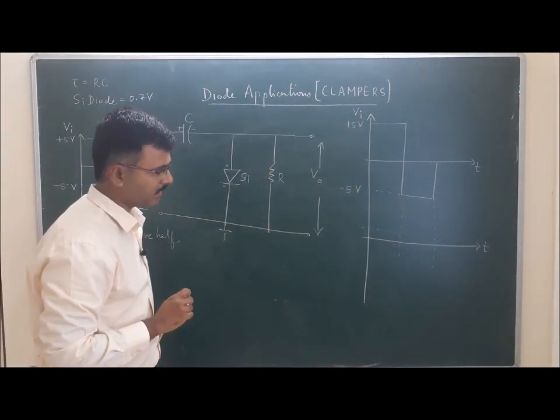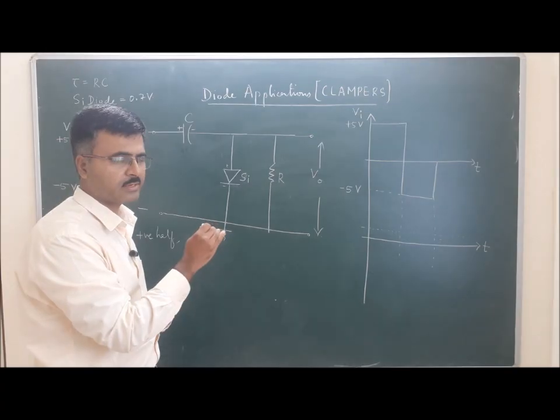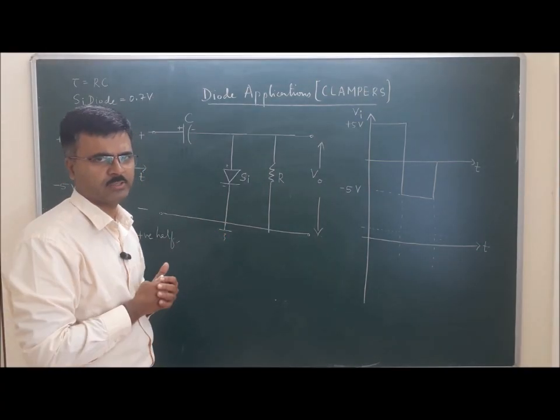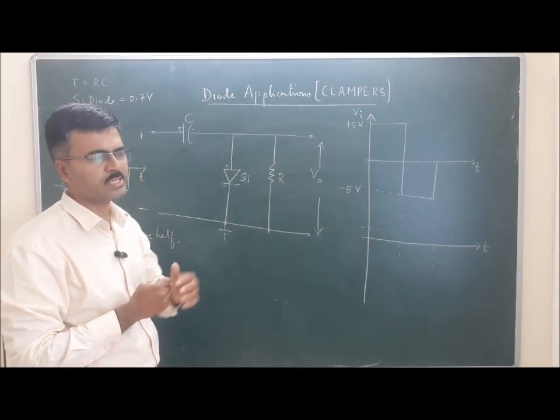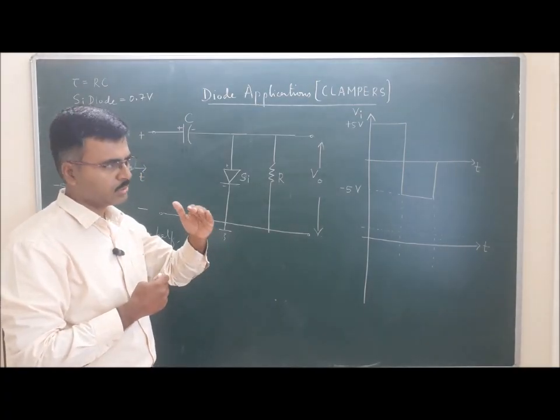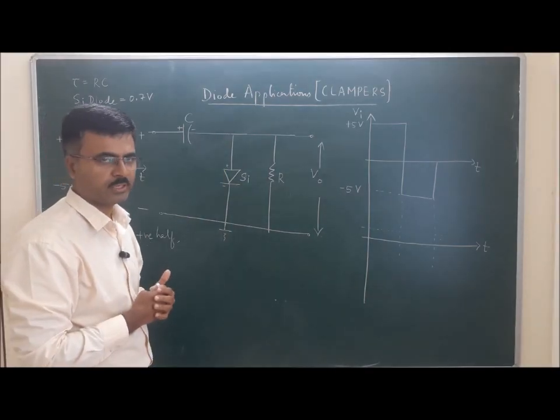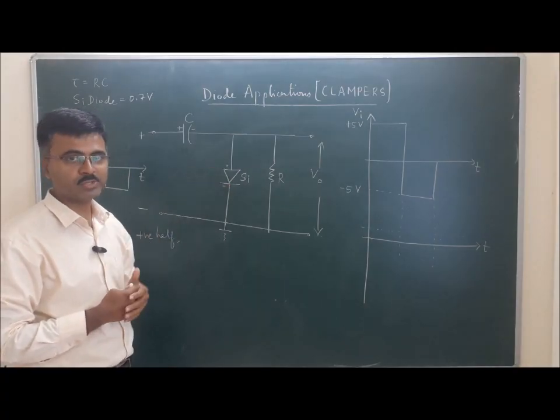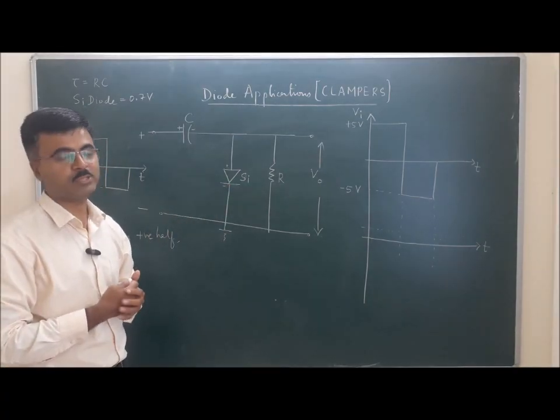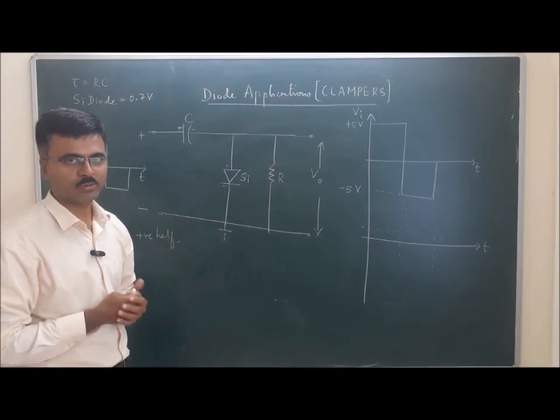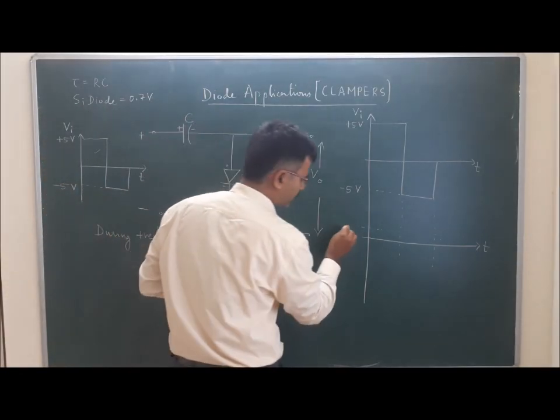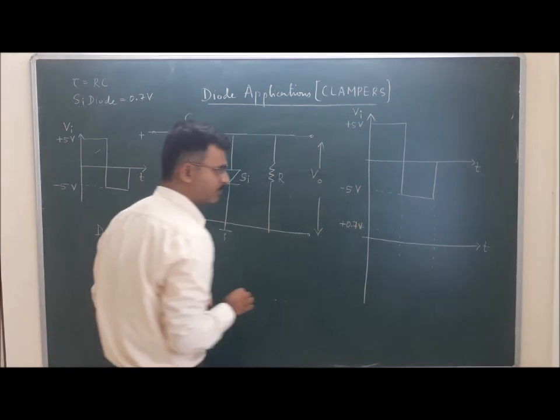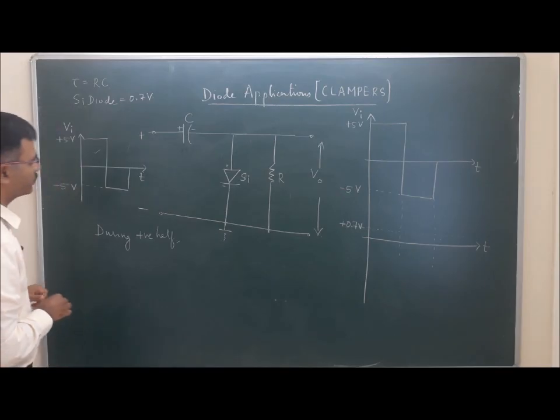Marking the transition level or the voltage at the output side is extremely crucial, because that holds as the benchmark from where your output can be drawn properly. If something goes wrong in identifying the transition level voltage, then the output waveform, especially the voltage levels, will go wrong. So in this case it is plus 0.7 volts. That's my transition level voltage.